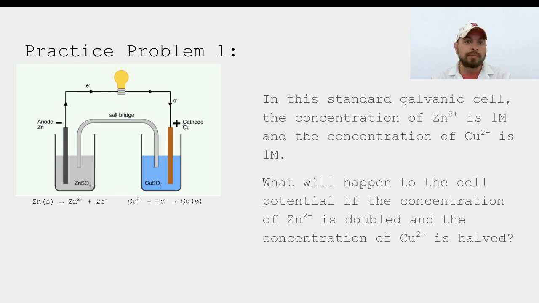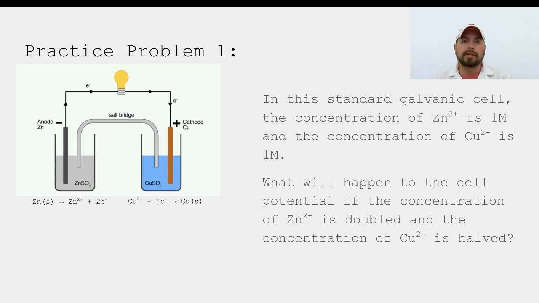What I need you to do is set up the equation using the E of reduction values, and predict what's going to be oxidized and reduced. Then, using what we know about Q in the Nernst equation, predict what the change in voltage would be. If you want, go ahead and calculate the new voltage. Take a second, look over it, do the calculations, and come back when you're ready.